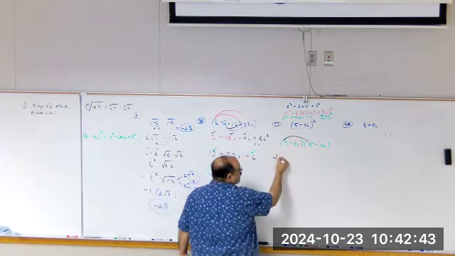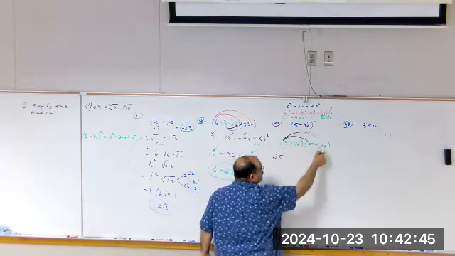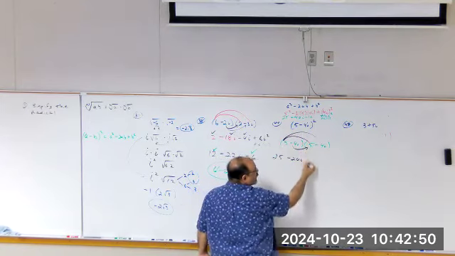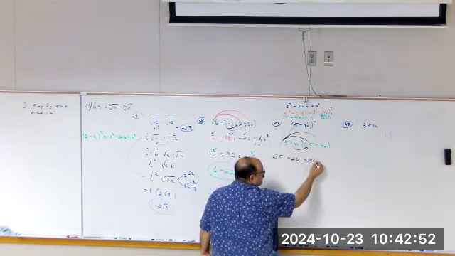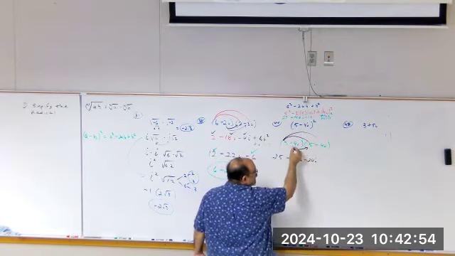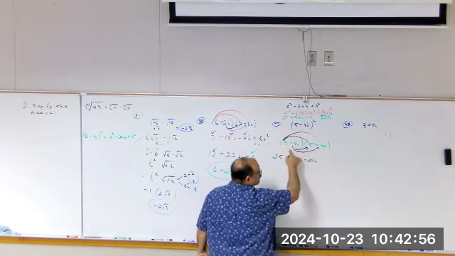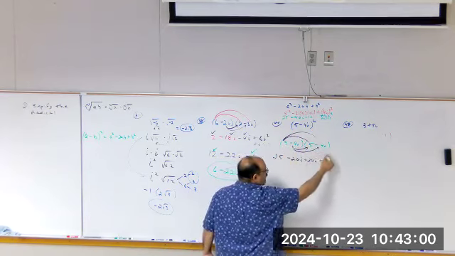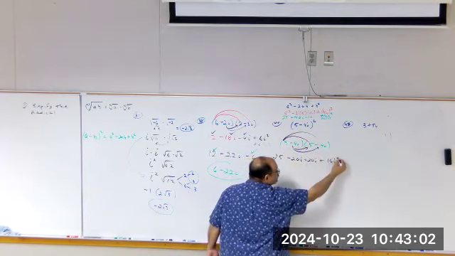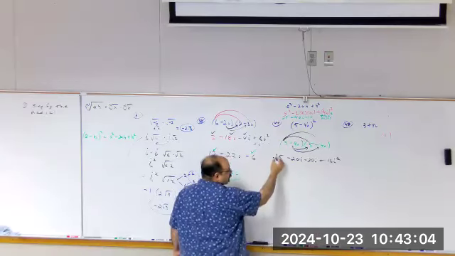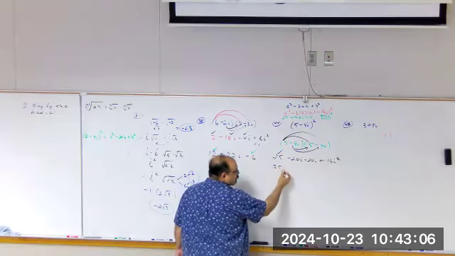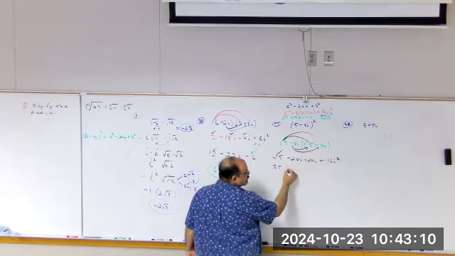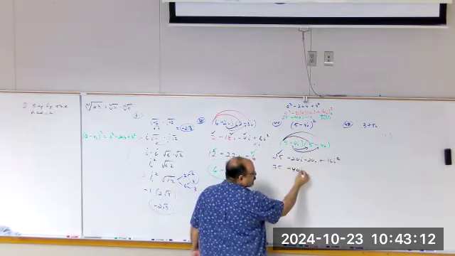5 times 5, 25. 5 times negative 4i, negative 20i. Negative 4i times 5, negative 20i. Negative 4i times negative 4i, negative times negative, positive. 4i times 4i, 16i squared. But negative 20i, another negative 20i, that adds up to negative 40i.